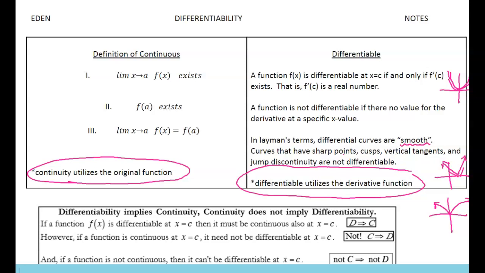Vertical tangents are really hard to see, but you can have a graph like this, and technically there would be one value that has a vertical tangent. When you do the algebraic derivative, you will see it on these two functions. The absolute value is always tricky, so beware of that.